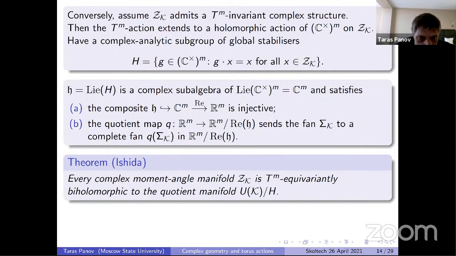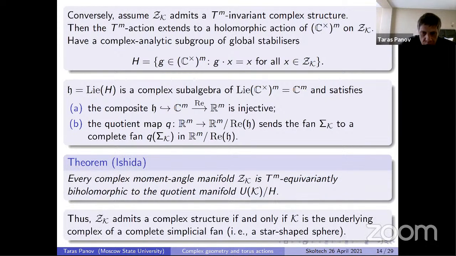And that's a theorem by Ishida, our colleague and co-author from Japan, the opposite theorem: every complex analytic structure can be obtained this way. Well, I formulated it slightly vaguely, but if you have a complex structure which is invariant under the TM action, then it's TM-equivariantly biholomorphic to the quotient of this form.